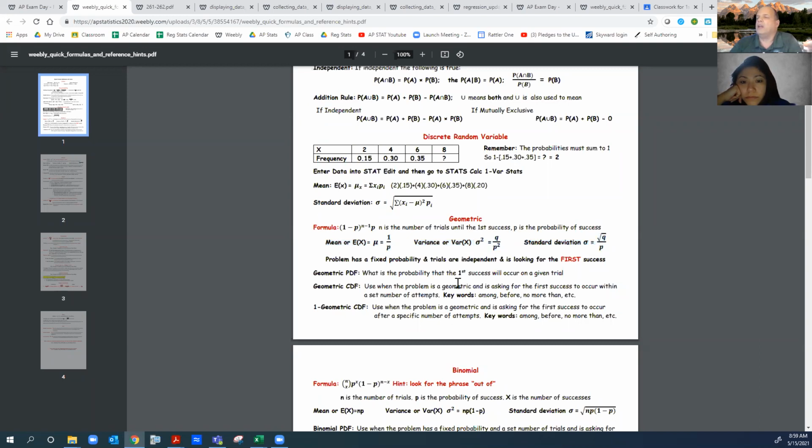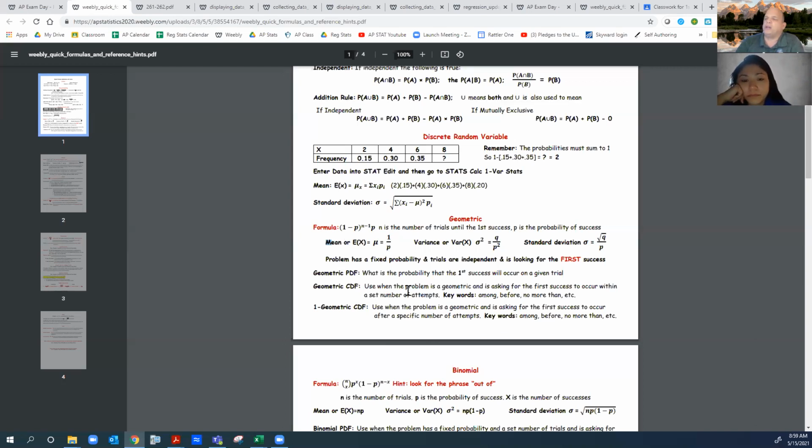On the other hand, if they're saying when do I expect the first, when do I expect it to occur? As soon as they use the word expect, we're talking means. So expect is a key word for means through all of probability. And so the mean of a geometric is 1 over P. And once again, this formula is on the formula chart.